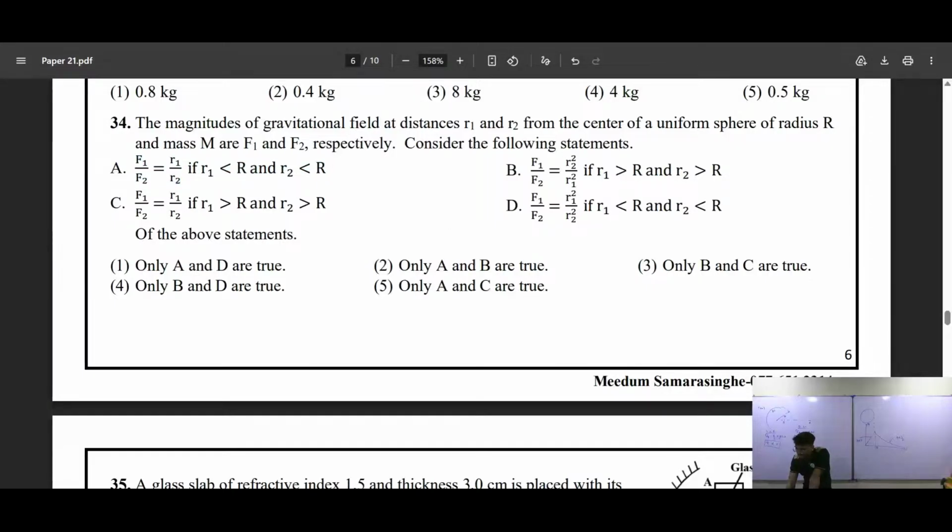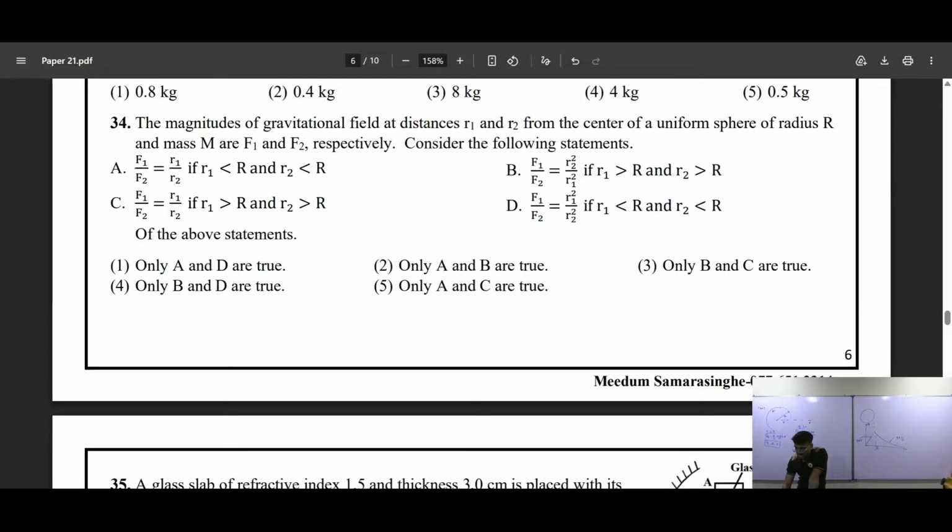And for statement B, if you consider points outside, that means r1 greater than capital R, r2 greater than capital R, you have the gravitational acceleration inversely proportional to r square. So F1 is inversely proportional to r1 square, F2 inversely proportional to r2 square. When you divide these two, you cannot get the other options.